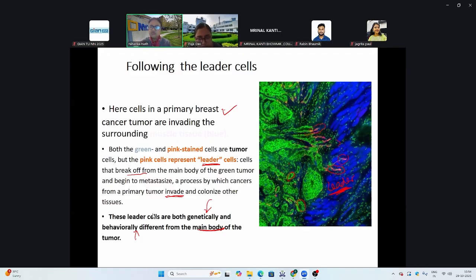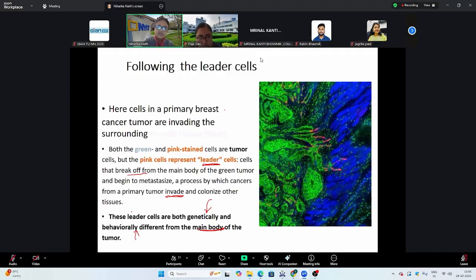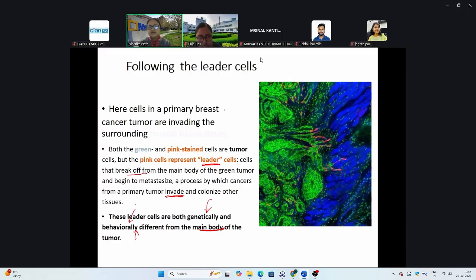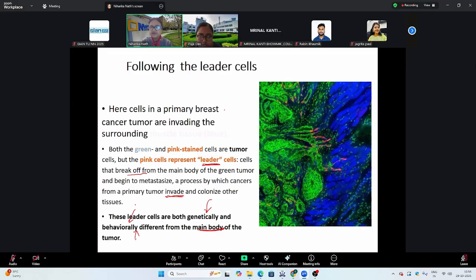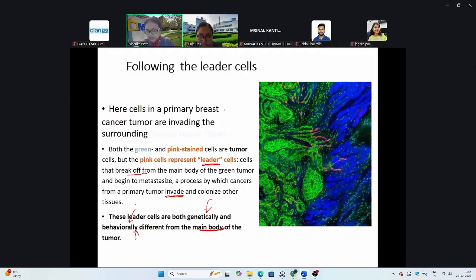The reason why I brought this slide in here for you is that if there are indeed leader cells, and they are genetically and behaviorally different, and I can see that they're also slightly different morphologically, then maybe you, as the computer science, ML, and AI person, can consider ways to study these, find slides for these, and see if in existing slides there are cells that have this kind of morphology, and they can be identified, screened, and detected later on, and you can use this for later things.